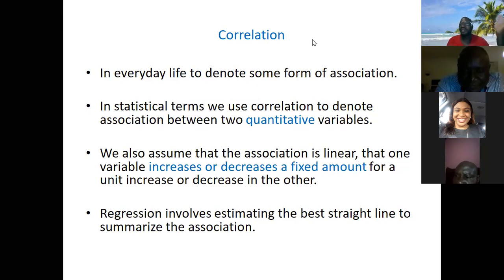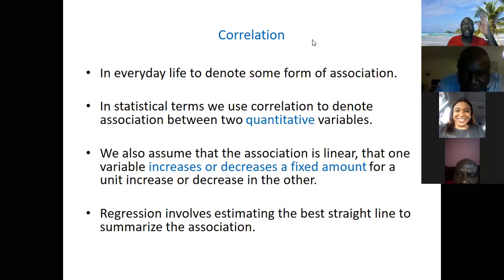Once you have given a number, like when you do pain scoring or some opinion scale, you can use it because it's a quantitative variable, that is, a variable that has a number as the value.